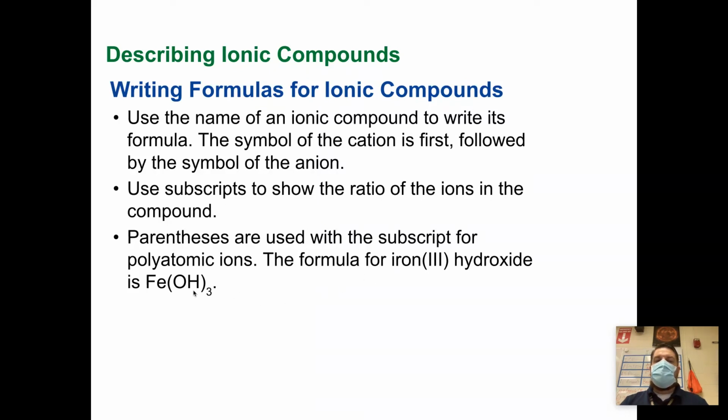And then how many polyatomic hydroxide ions does it have? 3. So it's 1 iron atom to 3 hydroxide polyatomic ions. Does that make sense? Okay. Now, if it doesn't have that parentheses, in other words, it's really 1 iron, 3 oxygen, and 3 hydrogen. That's the important thing to keep in mind.